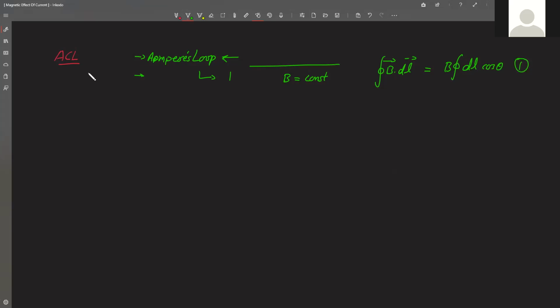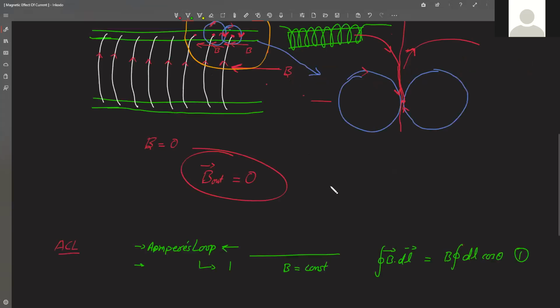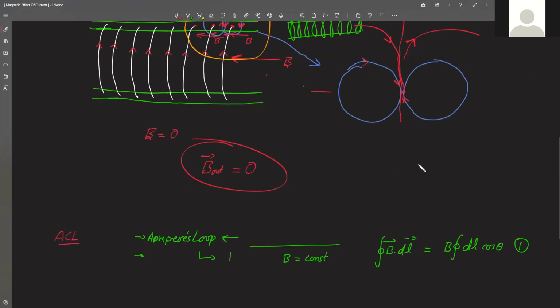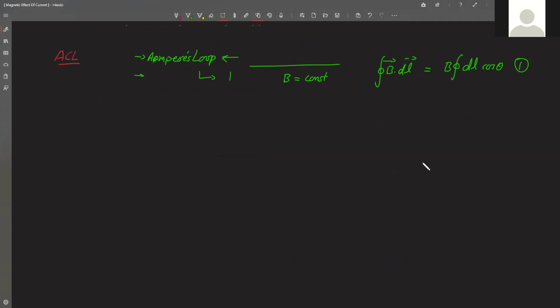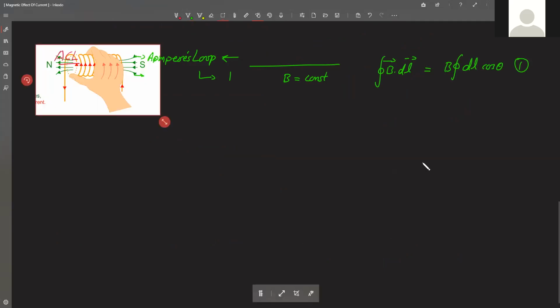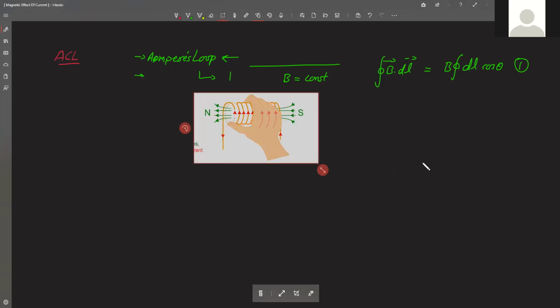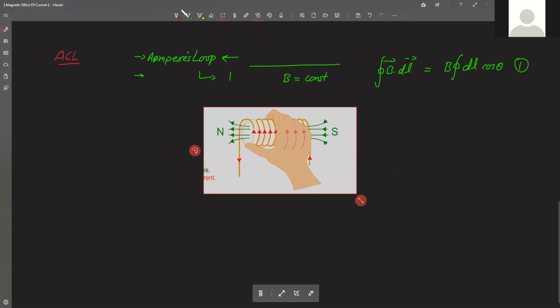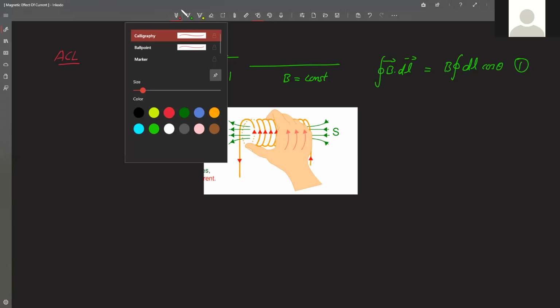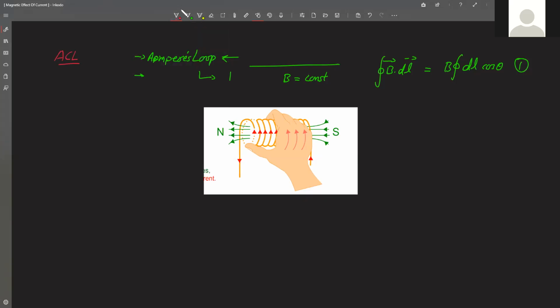Now that's why for this coil, which we have seen earlier, if I have to consider an Ampere's loop, I will create a loop like this. So I don't have to find the magnetic field outside now.